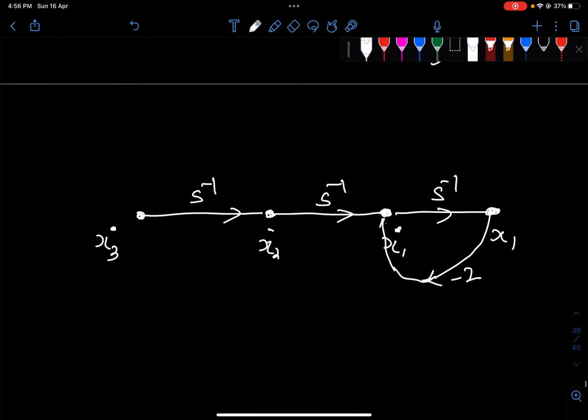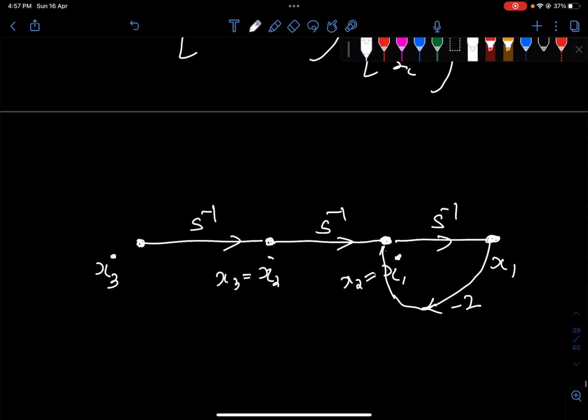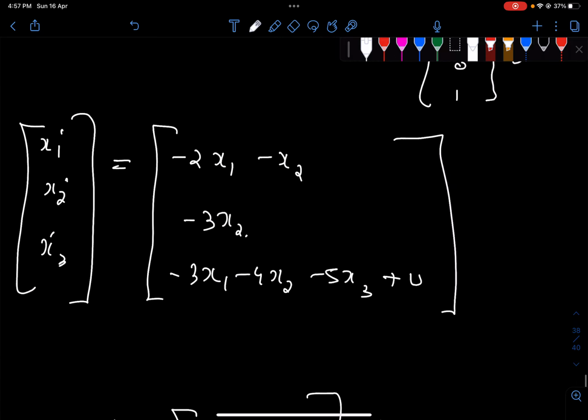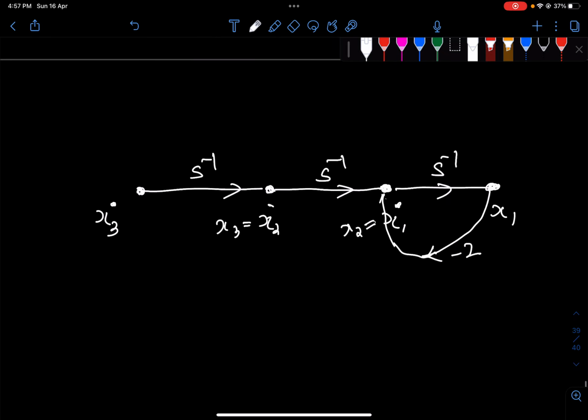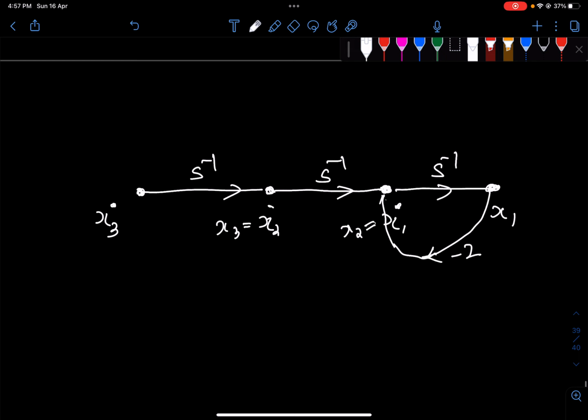What is x2 here? Here x3 is equal to x2 dot, and x1 dot is equal to x2. So from x2, to this point, we have minus x2. Let me check, guys.